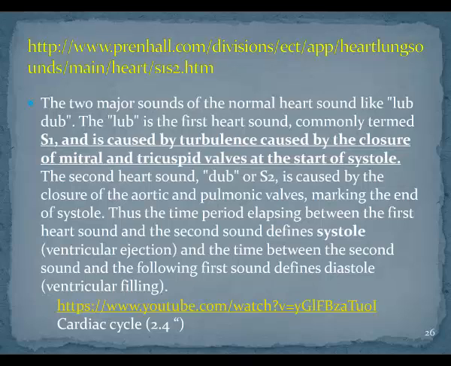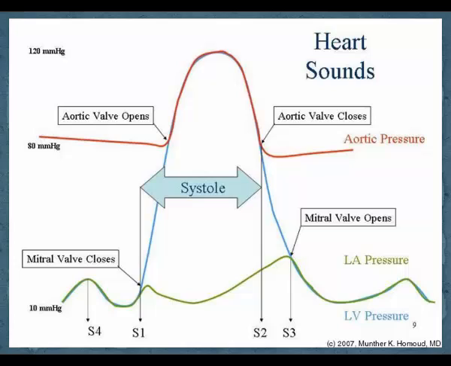This slide further describes what occurs with the sounds that we hear, and there are 2 YouTubes that should help further your understanding. Again, we're going to be practicing listening to these sounds in lab and maybe in class. This is just a diagram of heart sounds with abnormal sounds showing where they occur, S3 and S4.